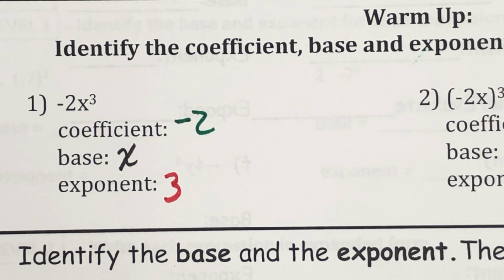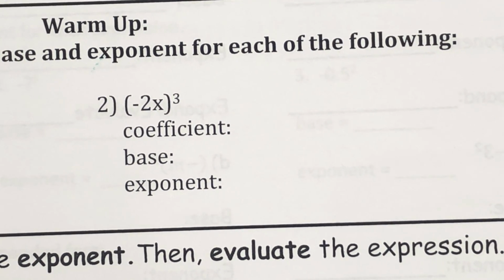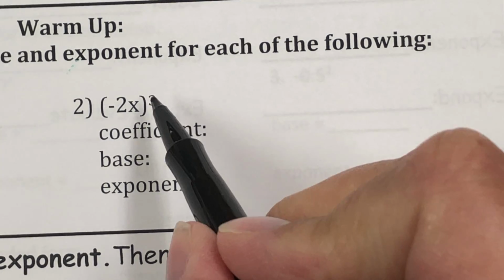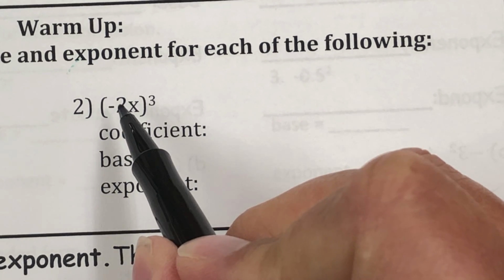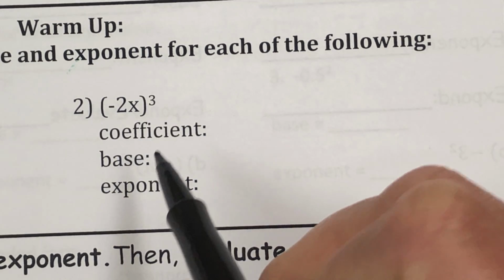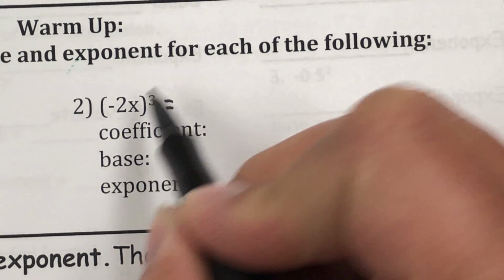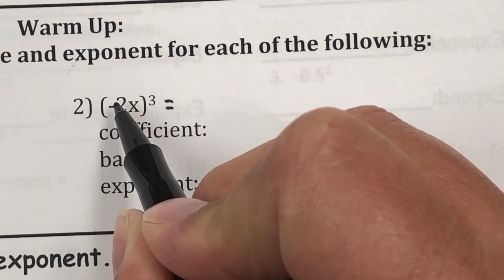For the next one, it's a little bit different because there's parentheses here. So now what I'm going to do is use this 3 and expand this. Why? Because I want one number for a coefficient. So the whole thing here is the base right now.